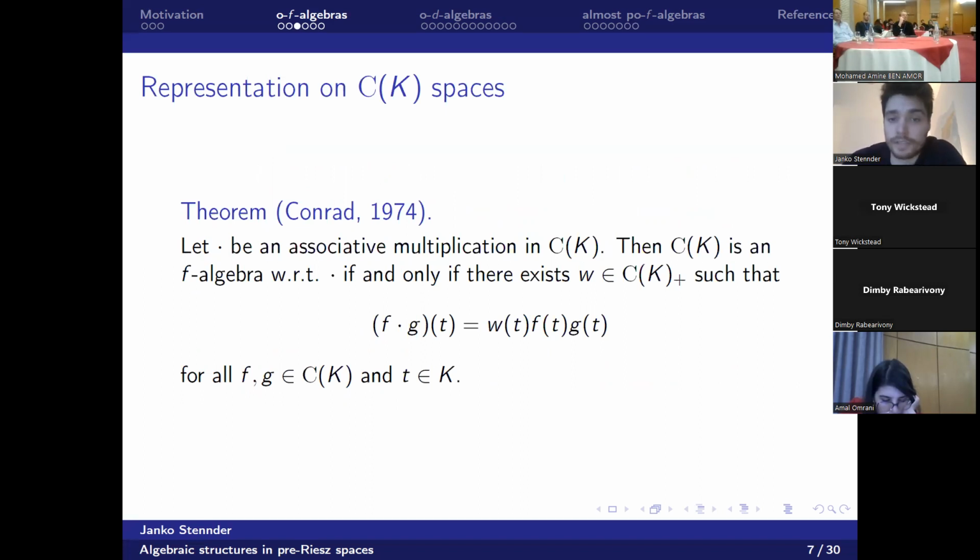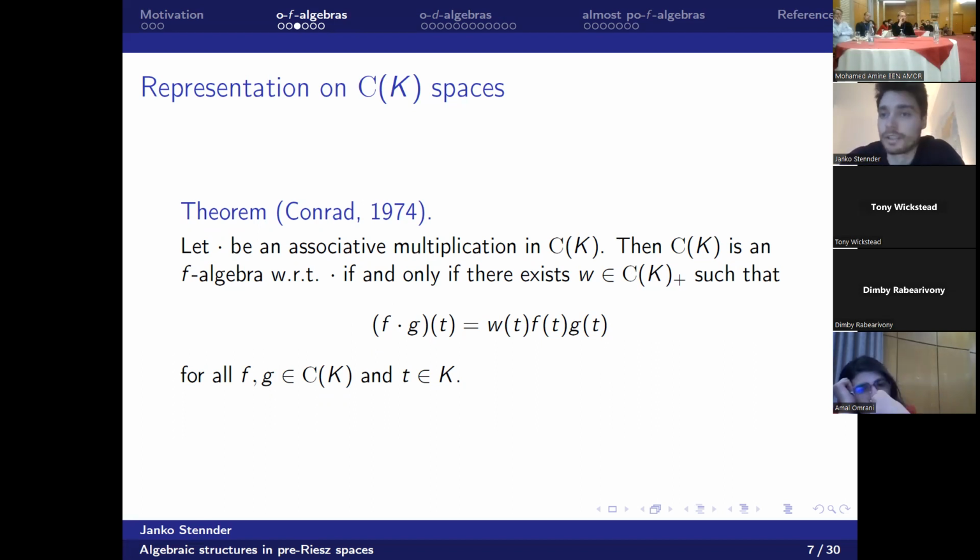First, we have the result for the vector lattice case, already shown by Conrad in 1974, where if we have some associative multiplication on C(K), then this multiplication is an F algebra multiplication if we have some positive weight function, and we can write the product of f and g as such a weighted standard multiplication.